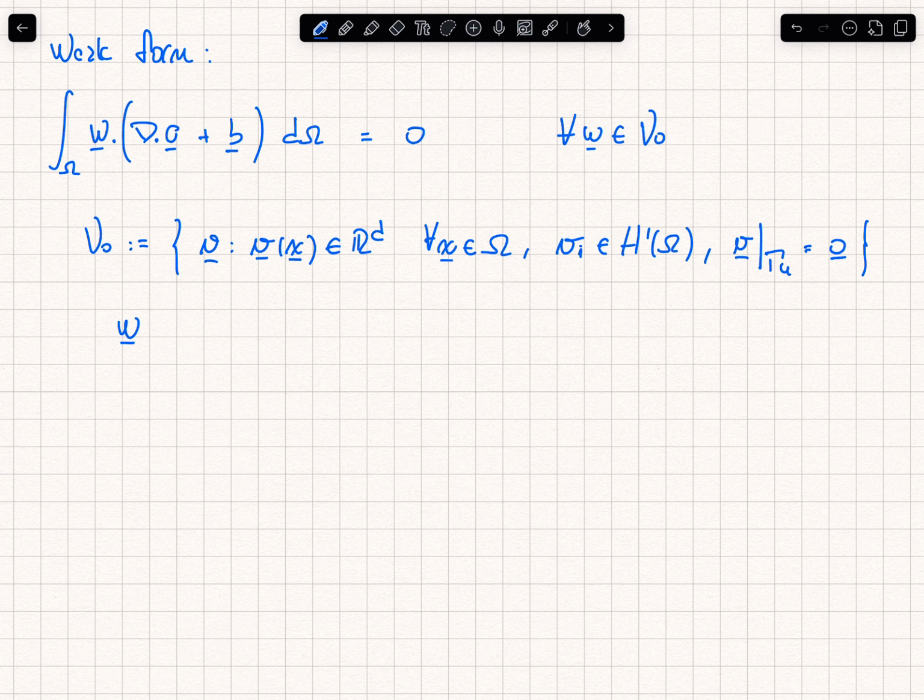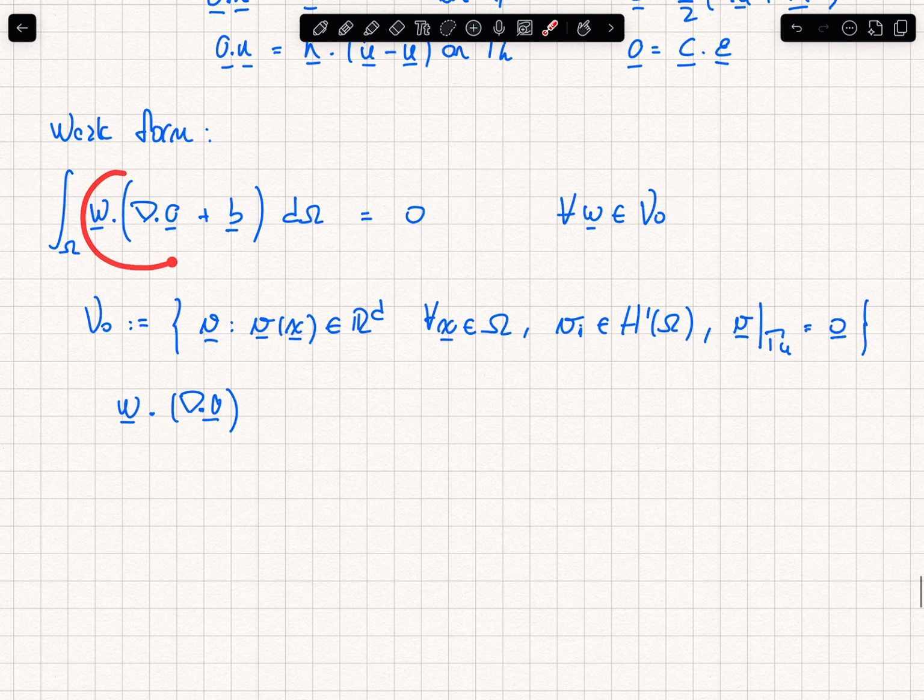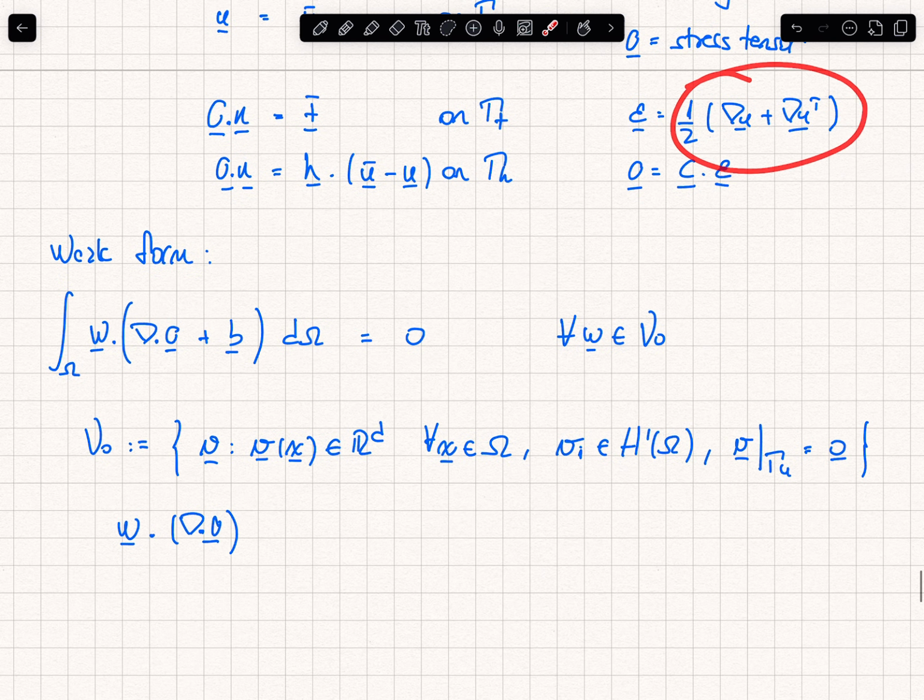So the identity is simply W dotted with the divergence of sigma, because again, we want to deal with this term. Notice that sigma is a function of the strain, and the strain has derivatives, and the moment I apply the divergence of that, I am applying a second derivative. And as usual, we want to relax that requirement. We want to balance derivatives.